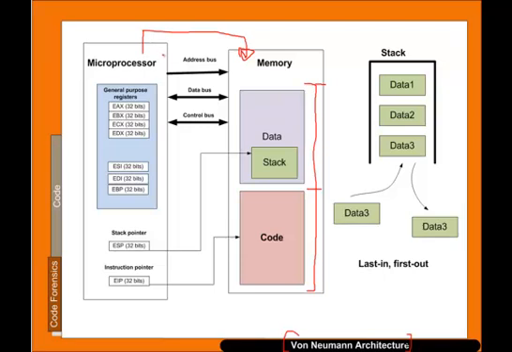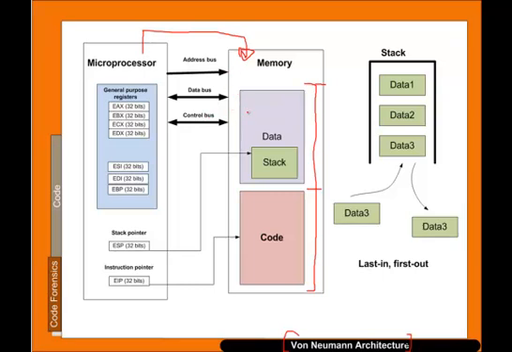When the microprocessor wants some data, it puts the address on the address bus, and then controls read or write with the control bus, and the data will appear here. So if it's writing to memory, it will put the address on the address bus, put some data on the data bus, and then say write. So it would write into memory.